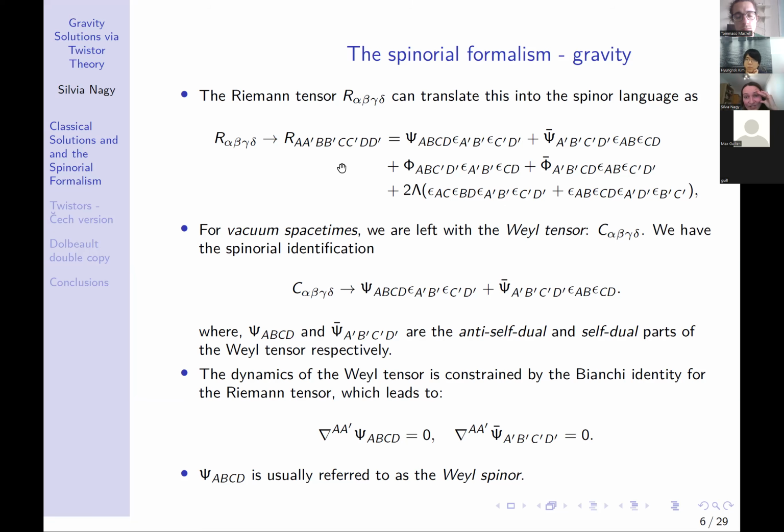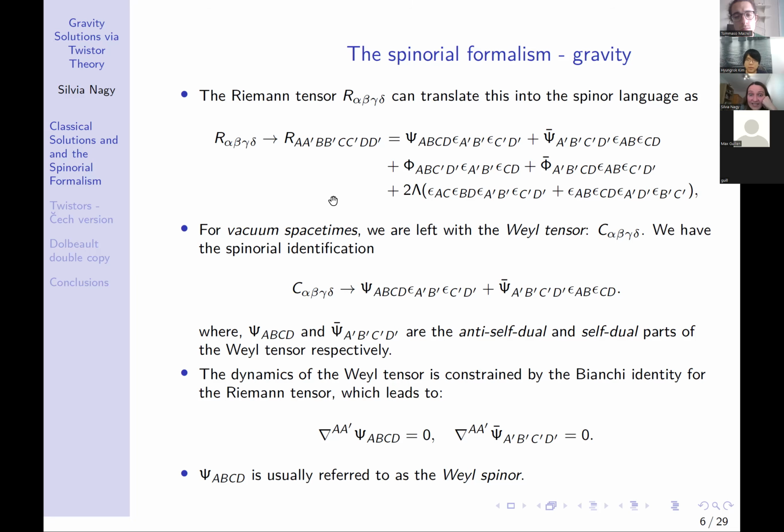Let me first focus on this second one. These phi's here are related to the Ricci tensor. Let us assume that we are in a vacuum space-time, so the standard Einstein equation is satisfied, so we set the Ricci tensor to 0, so we throw away these guys.